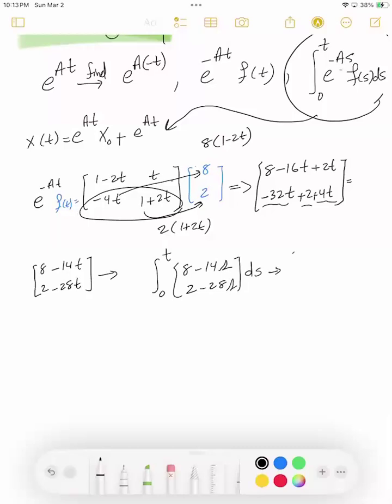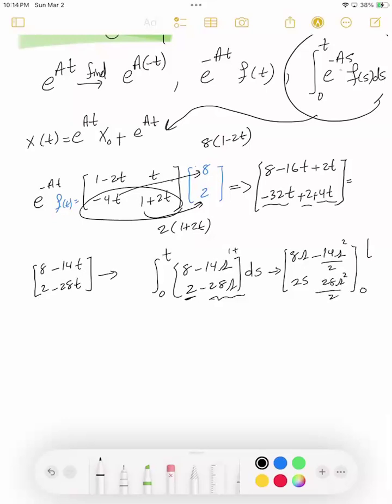So this is going to be 8s minus 14s squared divided by 2, and this one becomes 2s minus 28s squared divided by 2.